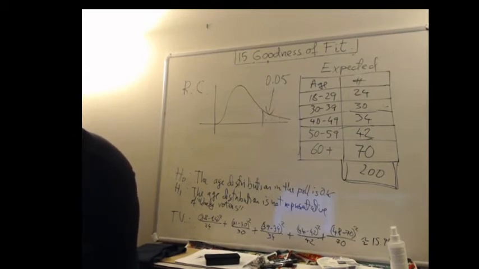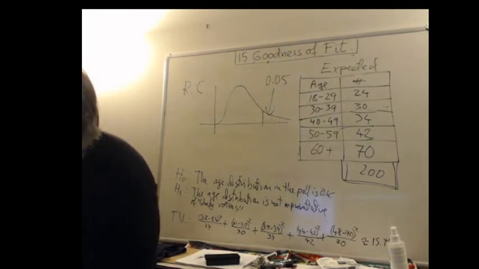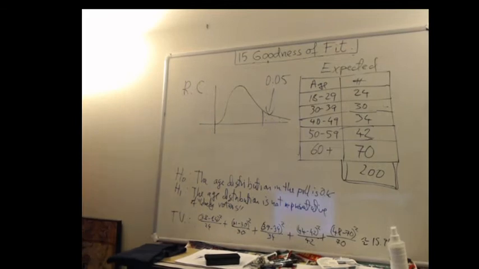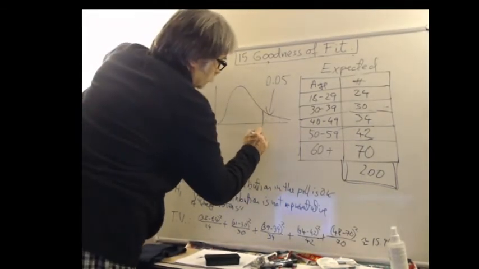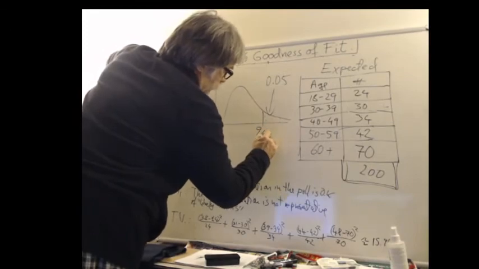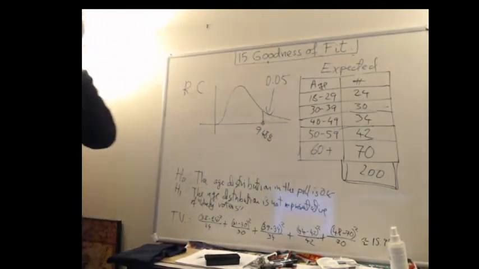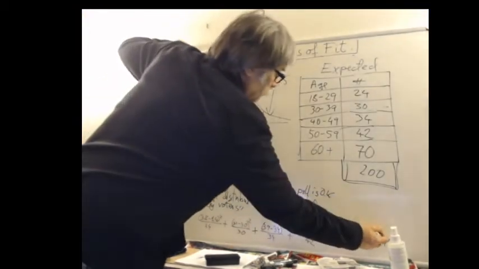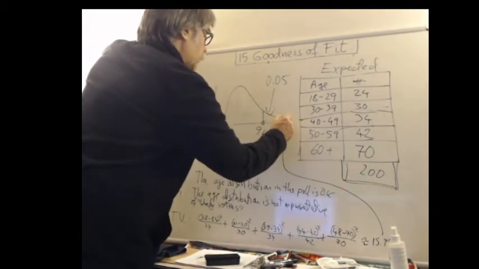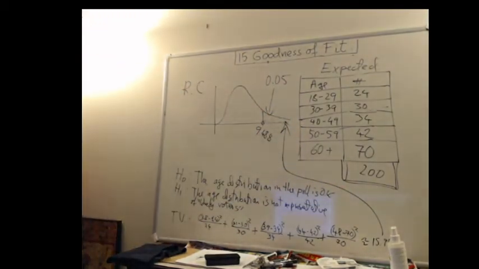And it will not take you long to find that the critical value is 9.488. So that's this value here. Okay? Look at your test value. Test value is here, somewhere in the tail.